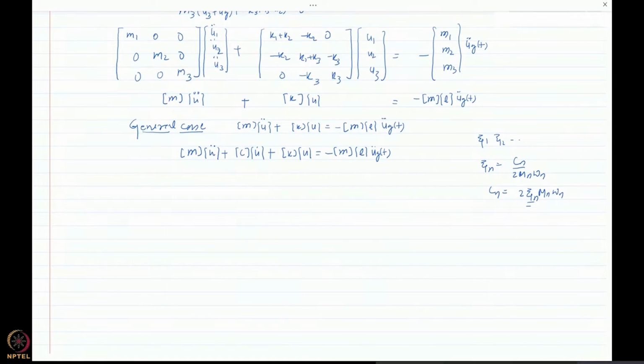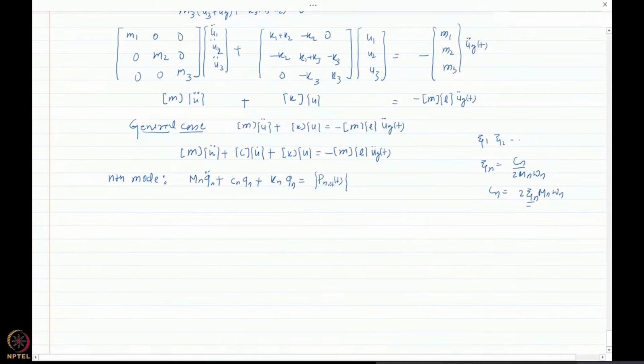If you remember, we can write it down as a dissociated single degree of freedom system. For the nth mode, we can write down this equation of motion as mn qn double dot plus cn qn dot plus kn qn is equal to this quantity, which becomes P effective, or Pn, let us call it Pn effective t.